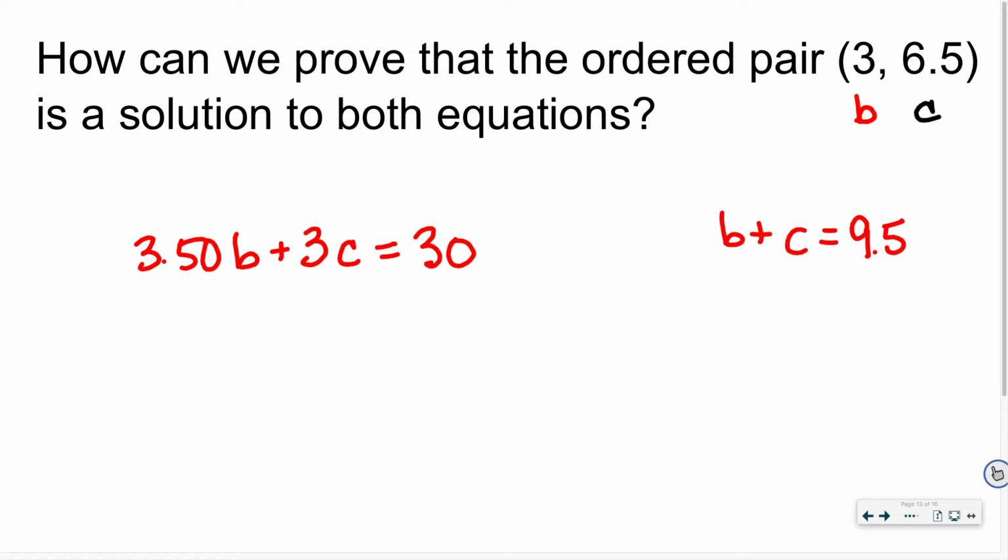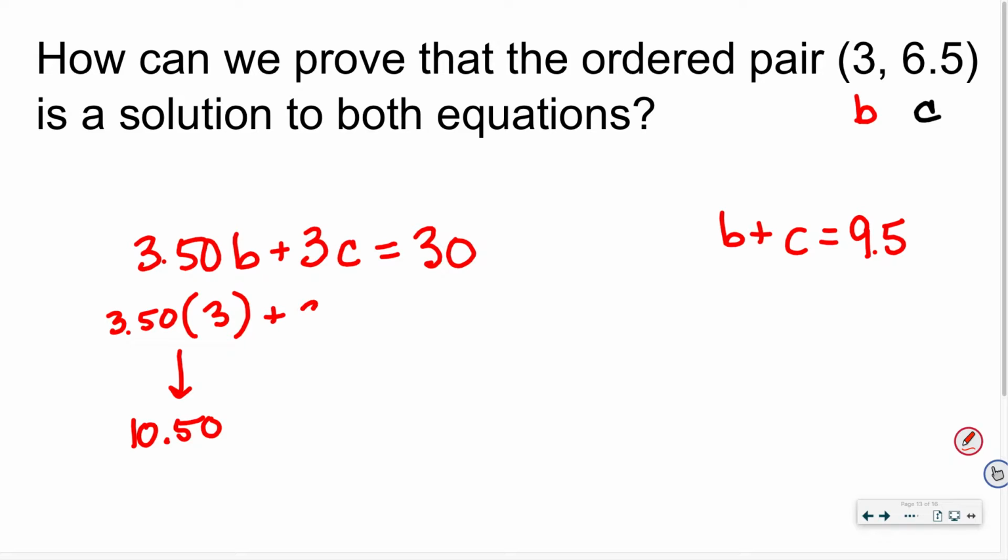So when you're checking a real world system, or really a system of any type, it's not a bad idea to take the extra minute and substitute into both equations. If you calculated in here $3.50 for 3 pounds of beef, how much money would that be? $10.50.